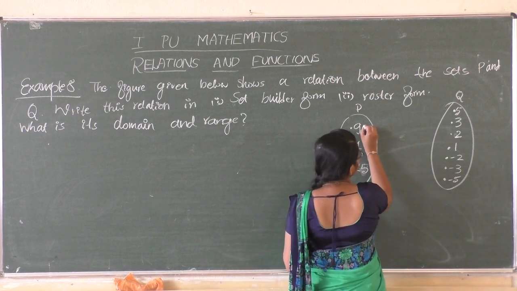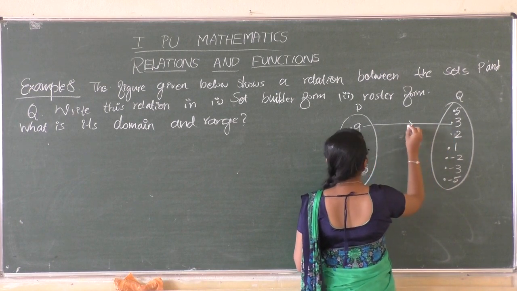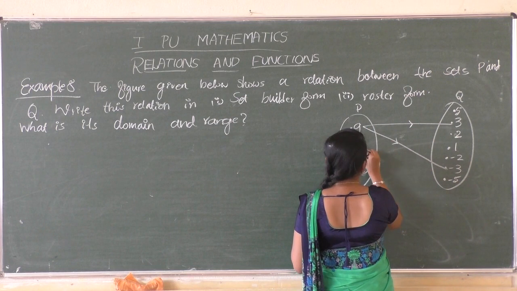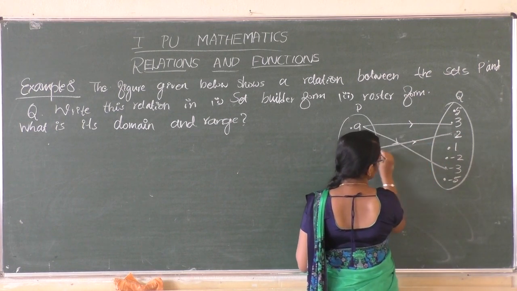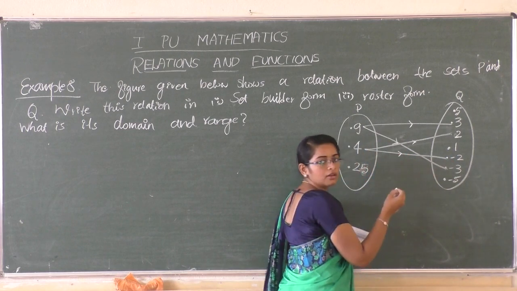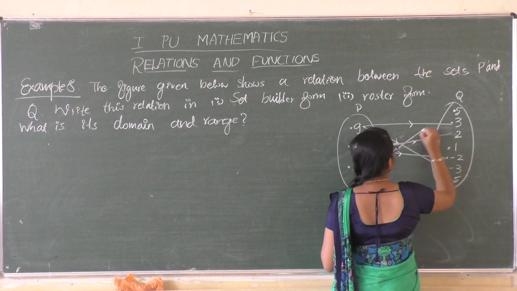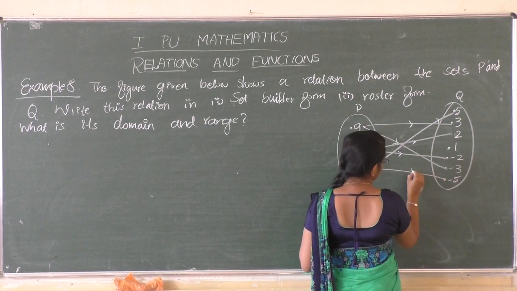And the arrow diagram is 9 goes to 3, 9 goes to minus 3, 4 goes to 2 and 4 goes to minus 2. Okay, you're following, right? 25 goes to 5 and 25 goes to minus 5.